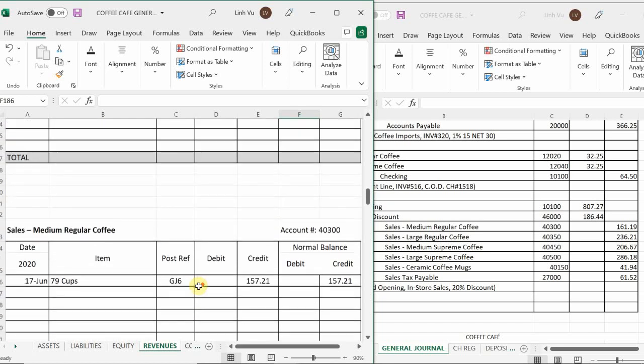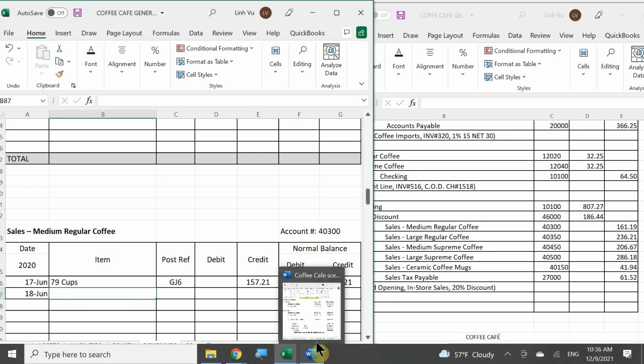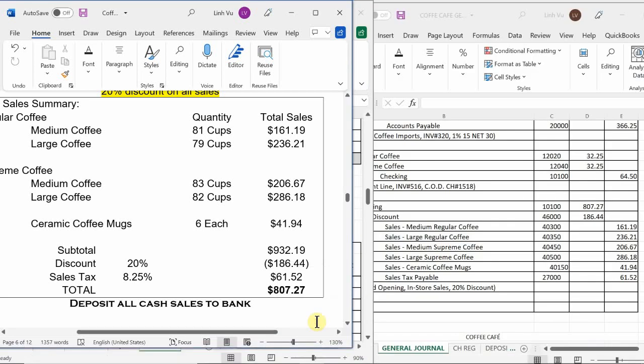So sales for medium regular coffee. How many cups did we sell? All right, so 81.